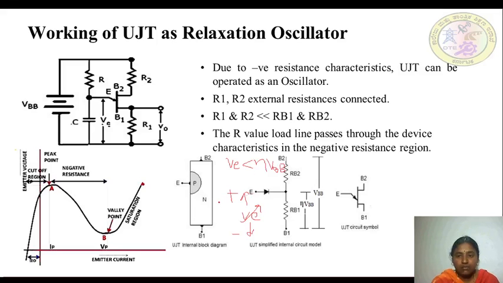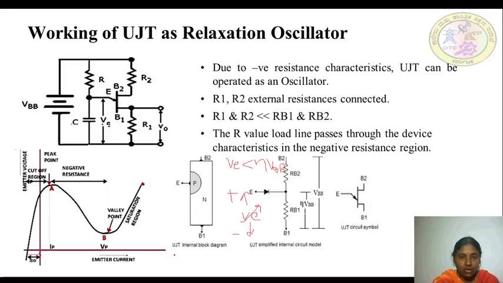Now, the PN junction is reverse biased and emitter current will flow in the negative region. So this is shown in this curve. This is the negative region where the current is negative for a small amount of time.